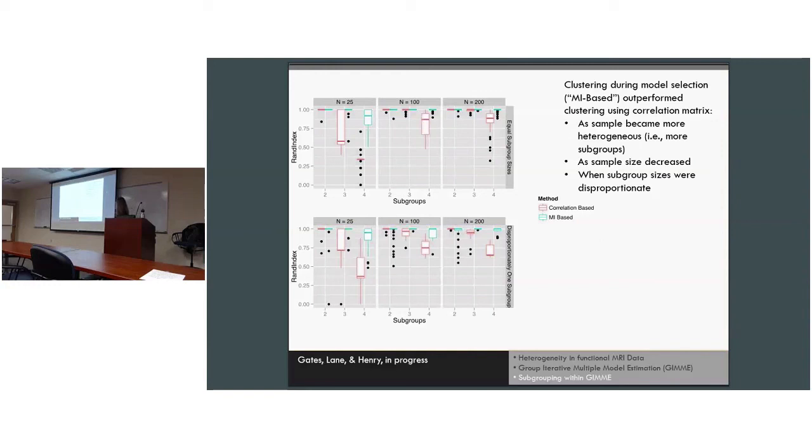When we had disproportionately one group, it really throws off the correlation matrices, whereas the modification indices-based approach is working really well. We were really concerned with how to best cluster these individuals based on their brain temporal patterns. Following these results, we're moving forward with the MI-based approach because it seems to be superior to the correlation-based approach. The correlation-based approach has been used by 2 other groups in the past year, which is why we were curious about testing it against that.